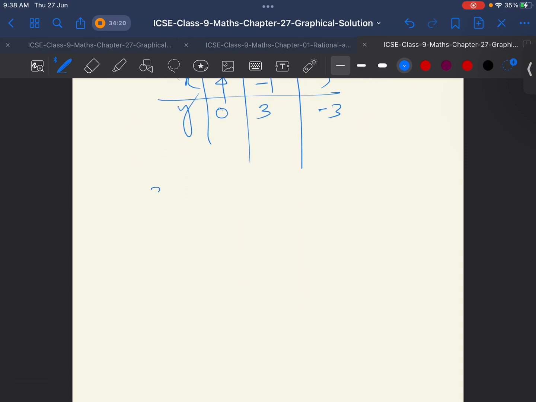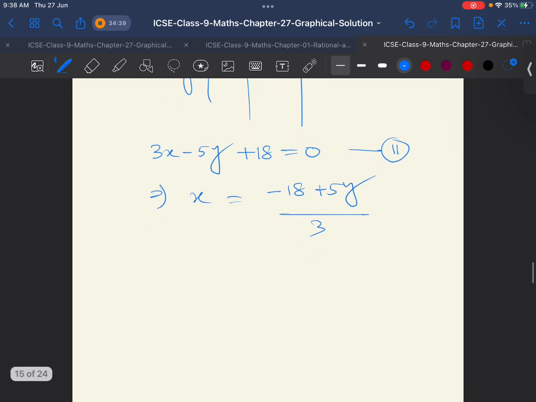Now equation number 2, 3x minus 5y plus 18 equals 0. Okay, so this implies x equals (minus 18 plus 5y) by 3.